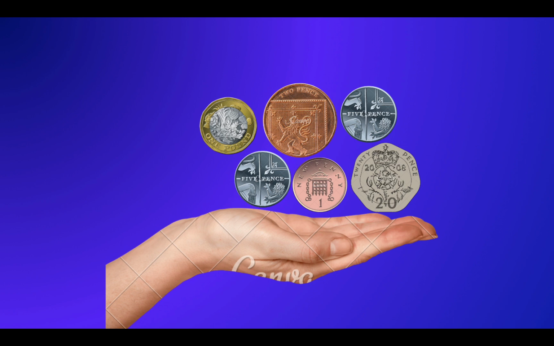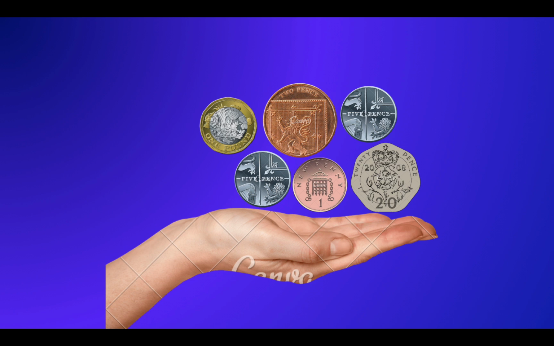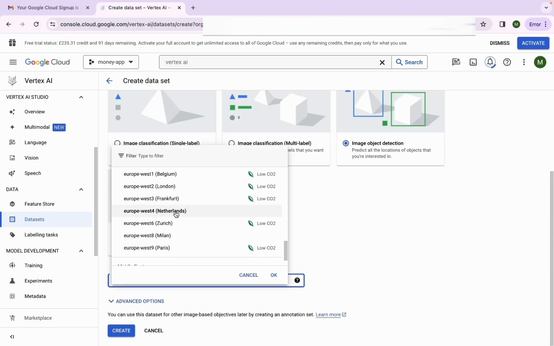So once again, we are building an image recognition application using computer vision, an app that will help us recognize coins and count them, and the coins we're dealing with are pounds. We've already gathered our data by taking pictures of coins of different denominations, and then we uploaded them to Google Cloud.